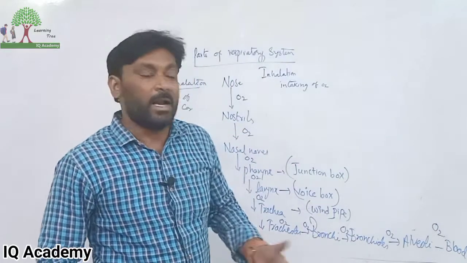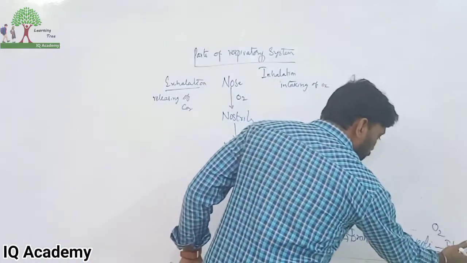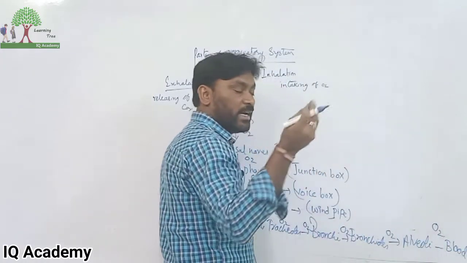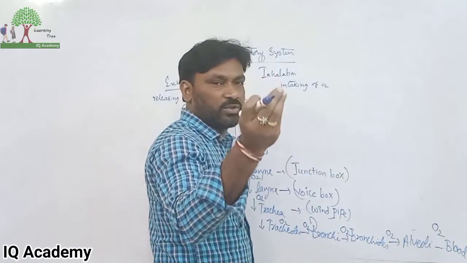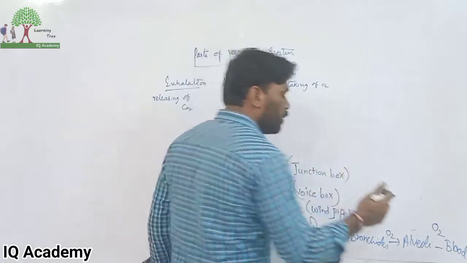In the other way, carbon dioxide has to come outside. The blood that contains carbon dioxide is called deoxygenated blood, and this removes the carbon dioxide.